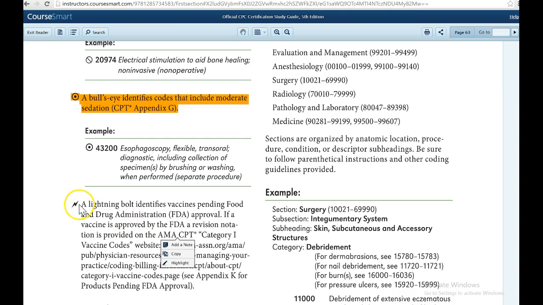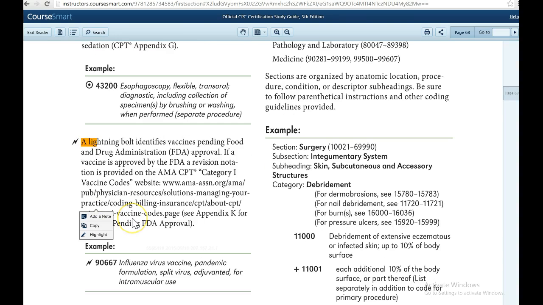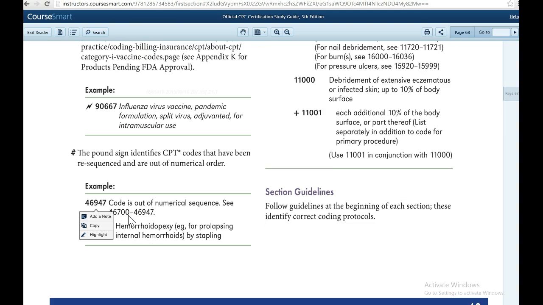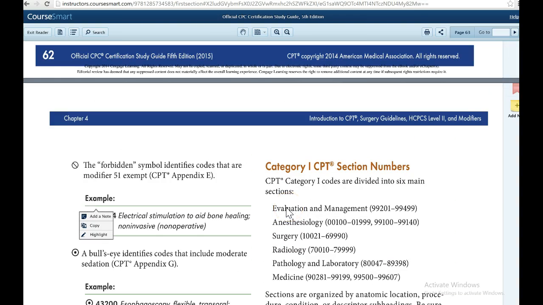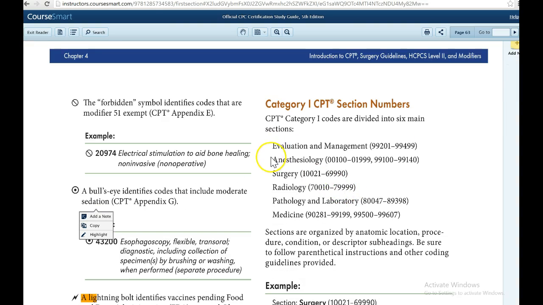Your lightning bolt is a code that is pending FDA approval. Then you have your number sign, and this is a pound sign for CPT codes that have been resequenced or are out of numerical order. When you have a number sign in front of a code, that means that code is out of numerical order.